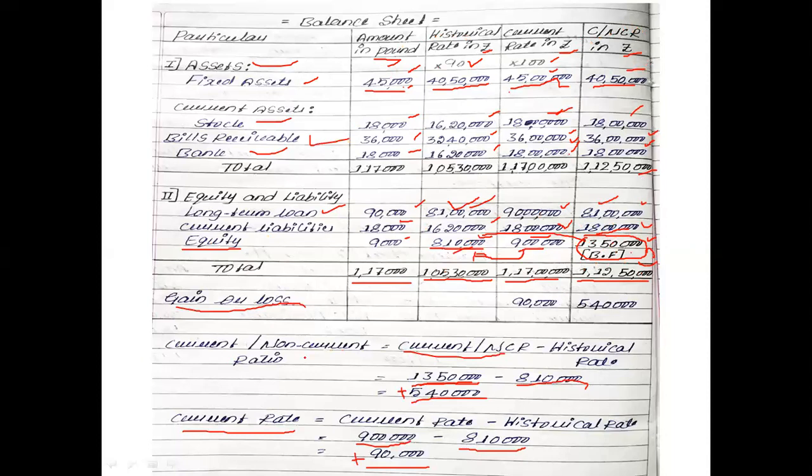The current and non-current gain or loss is calculated as the equity at the current and non-current value minus the historical rate equity. The current rate gain or loss is calculated as current equity value minus historical equity value. If it is a plus, it's a gain from the conversion. If it is a minus, it's a loss from the conversion.